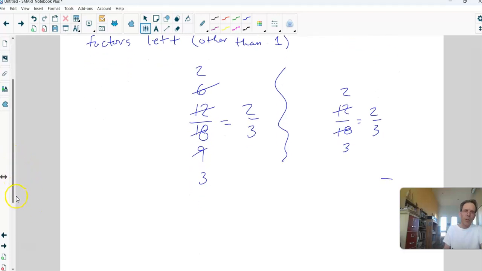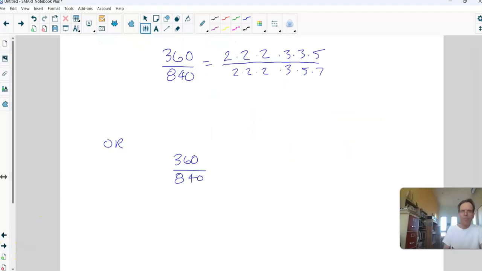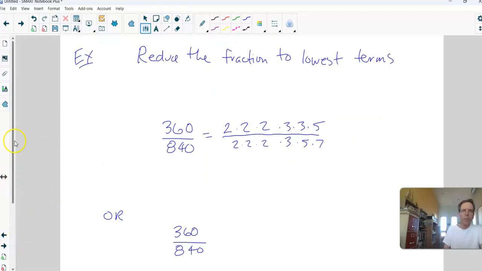Okay, let's see an example where the numerator and denominator are larger. How about this? So remember, we had these in a previous video, 360 and 840. So I've got the prime factorizations for those numbers. And let's just do it by canceling the common things in the top and the bottom.